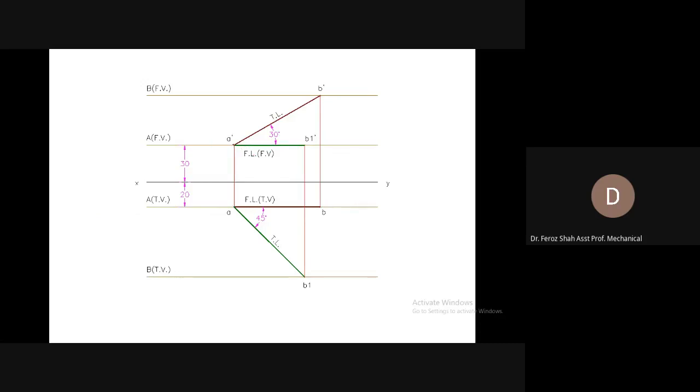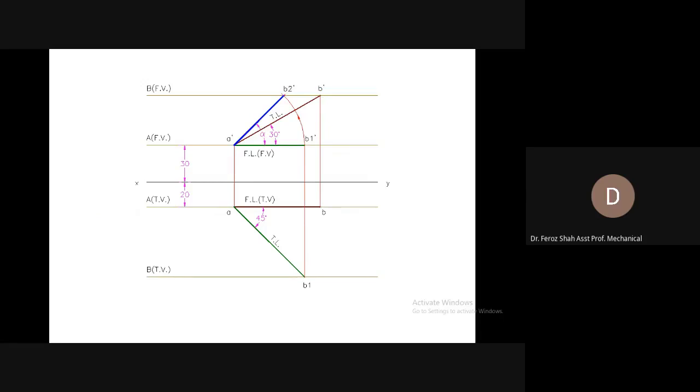For example, for the front view A dash B1 dash, open the compass from A dash to B1 dash, with A dash as the center. Draw an arc or rotate B1 dash till it cuts the locus of B dash.